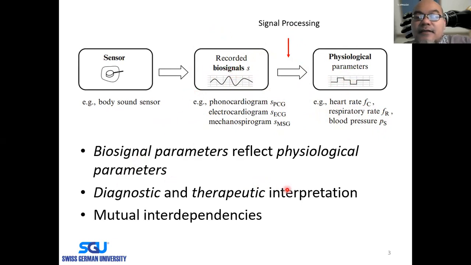For diagnostic and therapeutic interpretation, there are mutual interdependencies between the biosignal parameters and the physiological parameters interpreted from them. All of them require the use of a sensor, attached, implanted or worn, or sometimes not attached, but using an electromagnetic wave as the probe to capture the biosignal.